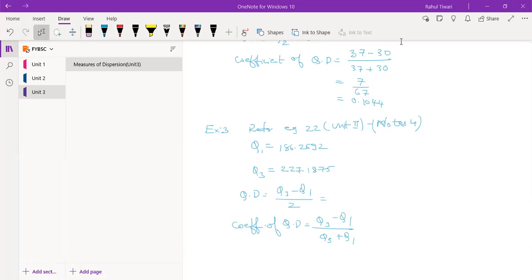So what is QD, quartile deviation? Tell me the final answer, because we have this data. 73.8. The answer is something else. Okay. So what is QD?